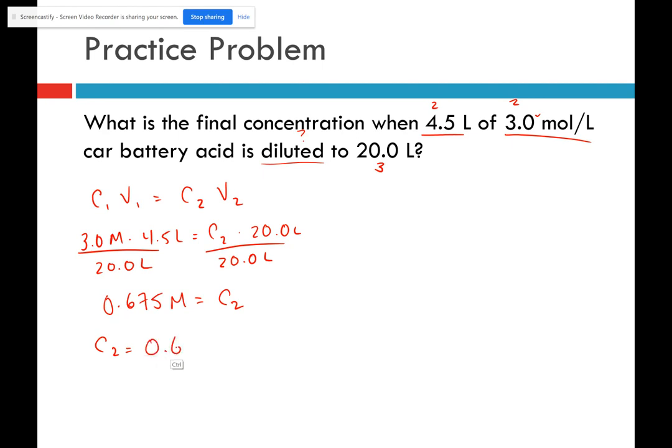So this is going to be 0.68 moles per liter, or in square brackets. Doesn't make a difference. Again, you don't need to ask me, Miss, how many decimal places should we leave this to? Because from now on, now that we know how to report significant figures, we're always going to report based on information given to us in our question.